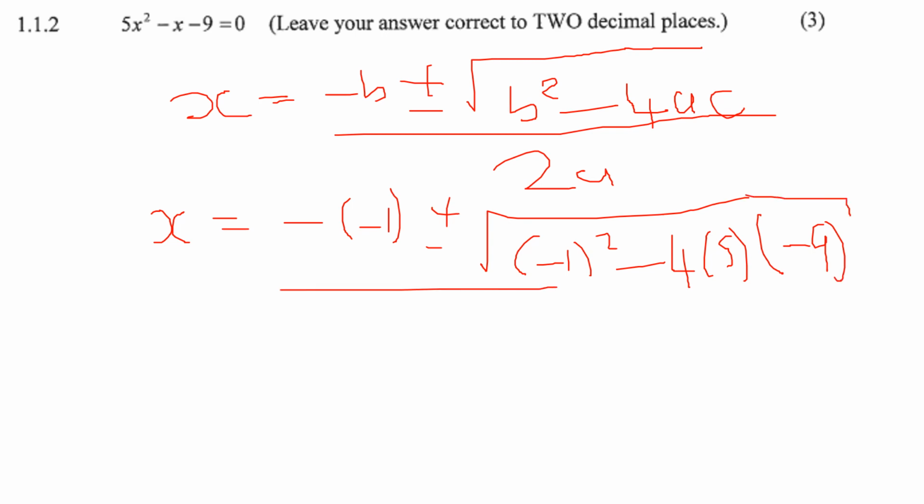And then you divide everything by 2 times the value of the first term, which is the value of a, which is 5.